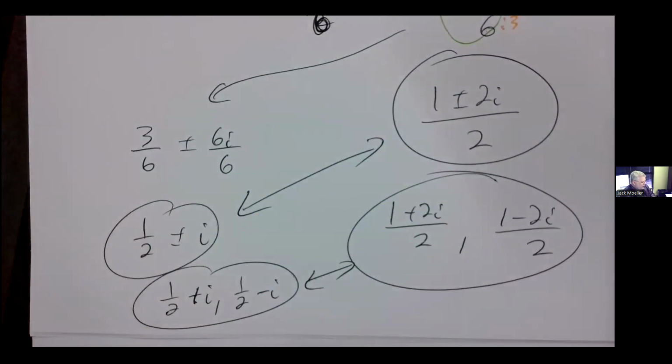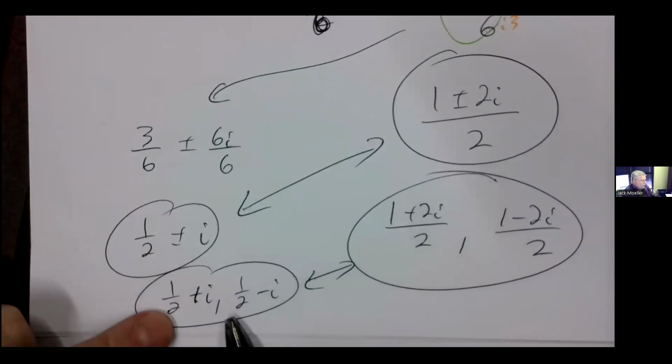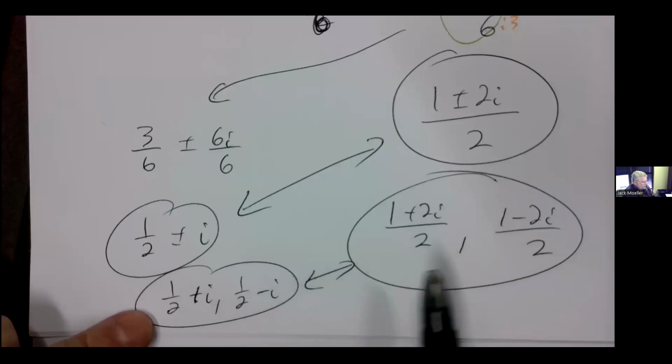Sometimes people who code MATLAB don't like equivalent answers. I would expect that this would be perfectly fine, but you really want to watch out. If they say put the answer in the a plus bi form, then that's what they want. But this is probably more in 1.3 when we did complex numbers by themselves. If we're just solving quadratic equations, then this is probably going to be perfectly fine.